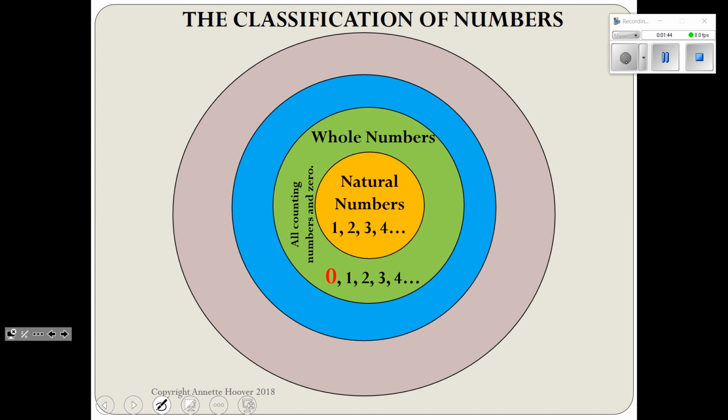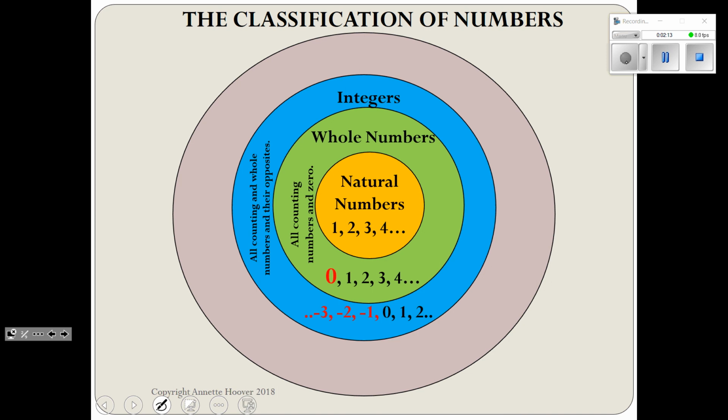The next group of numbers, and that's why our circle is around them, includes all the natural numbers, all the whole numbers, and now we're going to add all of the negative whole numbers. So integers are all counting and whole numbers, and what we're going to add is what we call their opposites, which means the negatives for those same numbers.